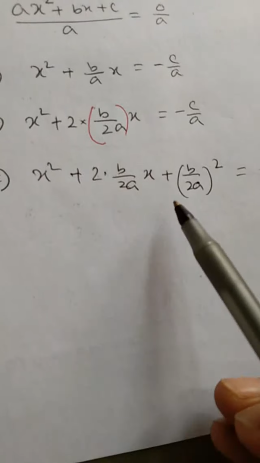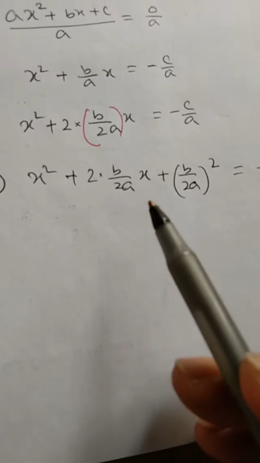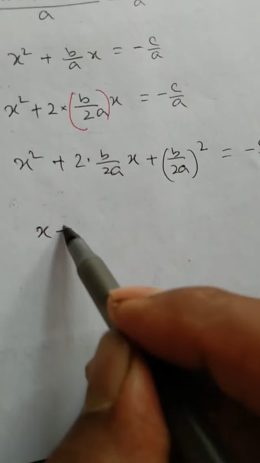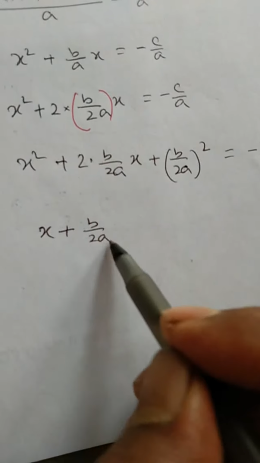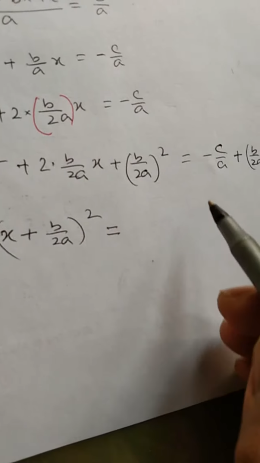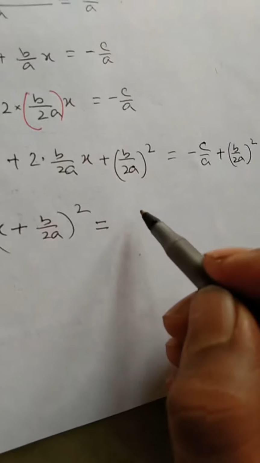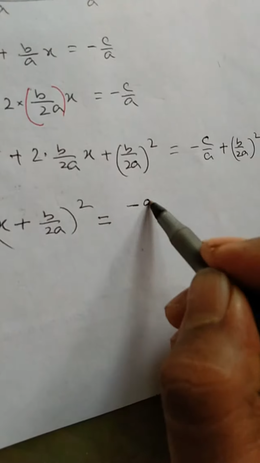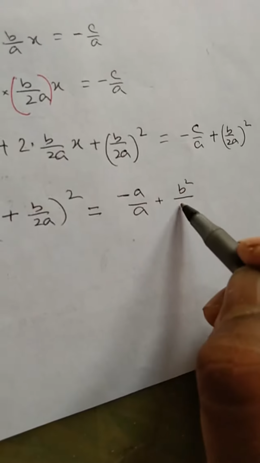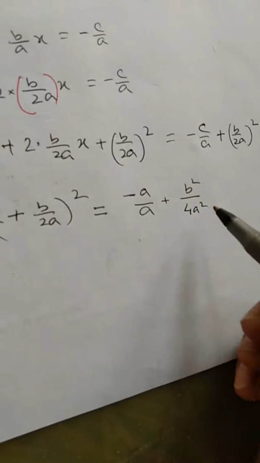Now the left becomes x plus b by 2a whole square, and the right side we have to simplify: minus c by a plus b square by 4a square.